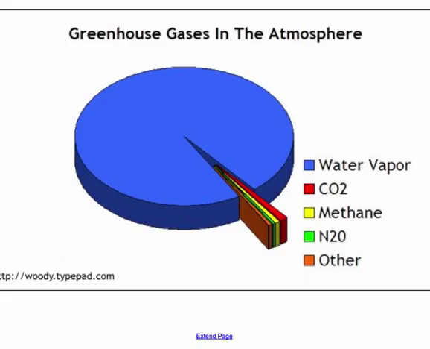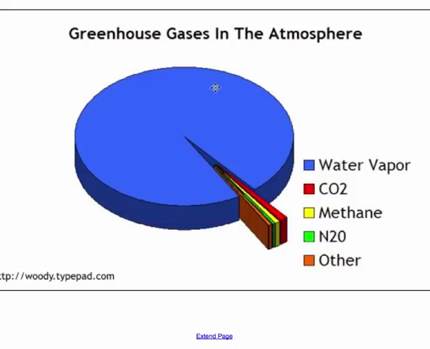So here we have greenhouse gases in our atmosphere, and they are, as you can see, in this list here. The 3 main ones would be water vapor, CO2, carbon dioxide, and methane. Okay, there's a number of other ones, but they show up in such small amounts that we don't really need to be too concerned about them in our studies this year.